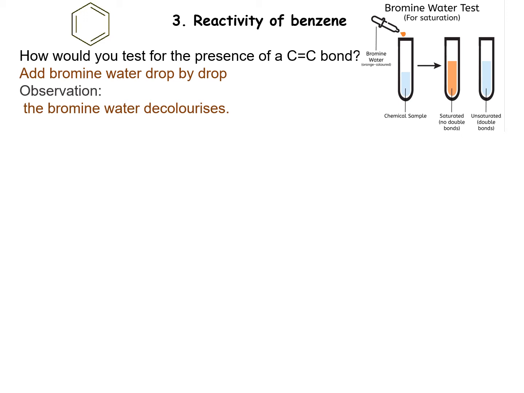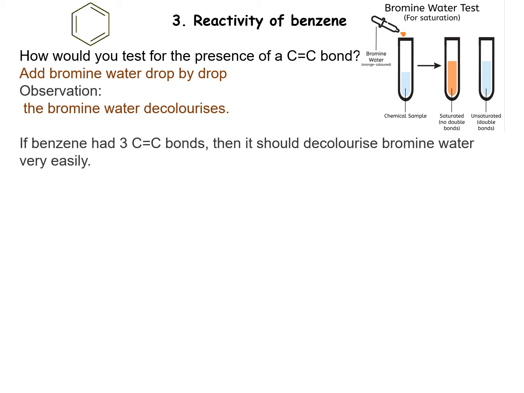Now our test tubes there have got the saturated test tube, the molecule with no double bonds present, having turned orange because the bromine water has been added but not changed colour because it hasn't reacted. In the right hand test tube we've got molecules with double bonds present, and the double bonds have reacted with the bromine water, removing the colour. You can refer to this as orange to colourless or bromine water decolorizes.